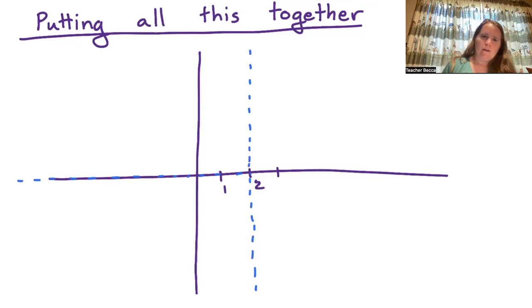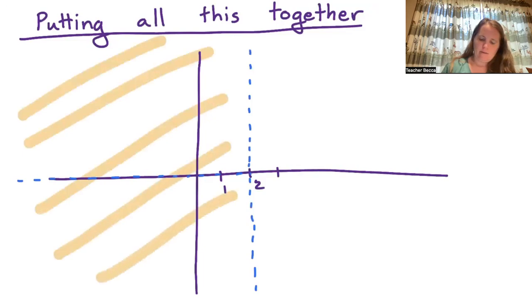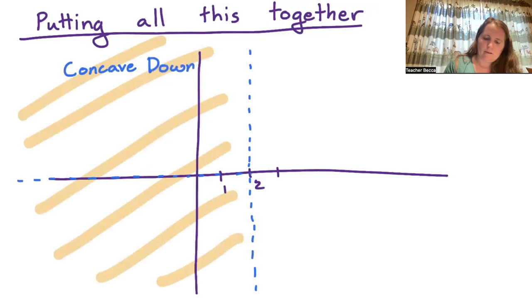We know that we are concave down. So anything over here, we're concave down. So this whole piece is concave down and decreasing.